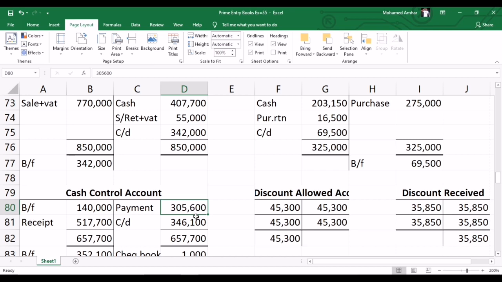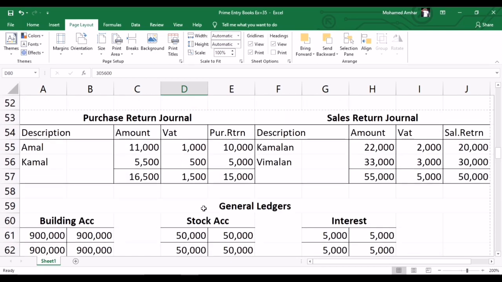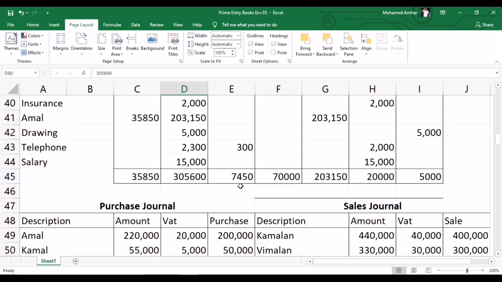If you credit 305,600, the same amount should be debited. What you credited, the same amount you have to debit to other accounts, by seeing the breaks.